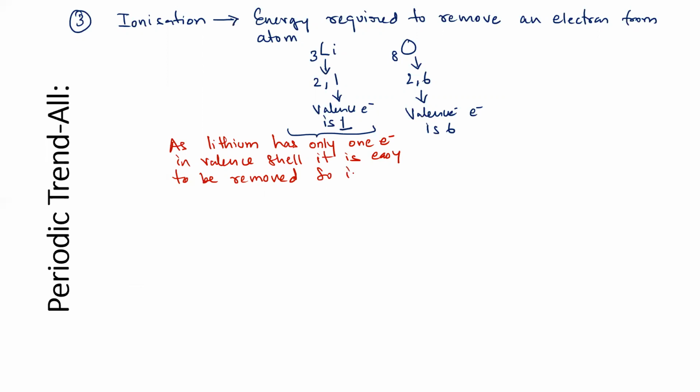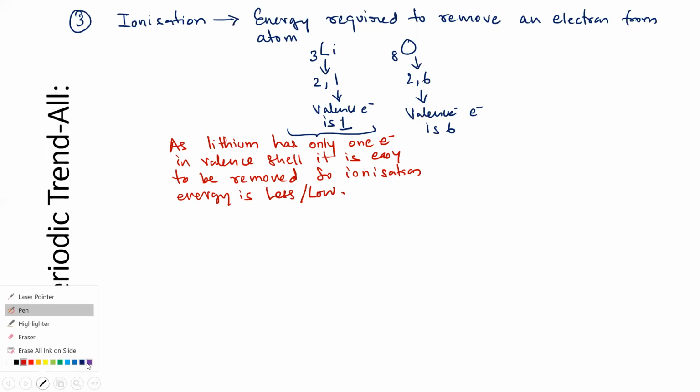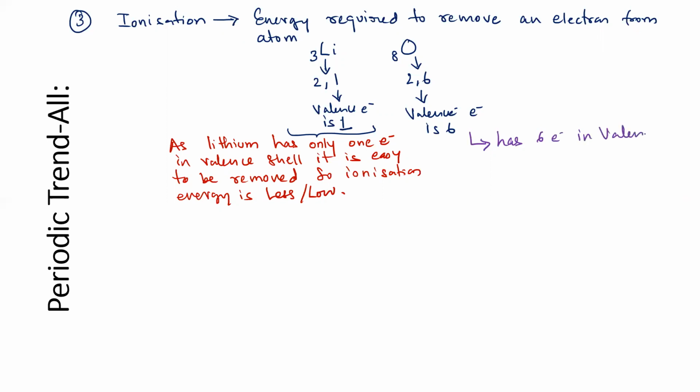So ionization energy is low. Whereas oxygen has 6 electrons in the valence shell, so it is difficult to remove. Hence, ionization energy is more.